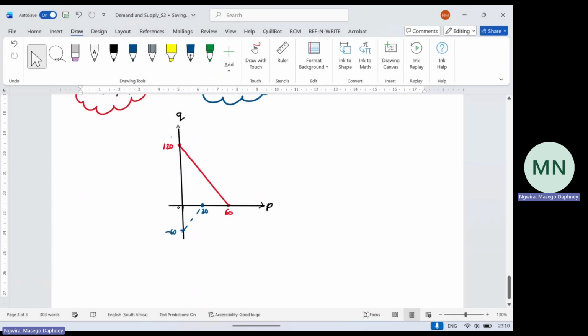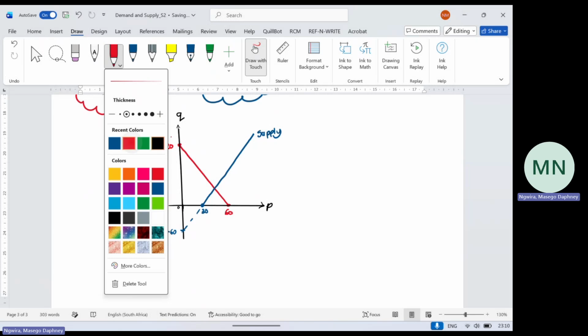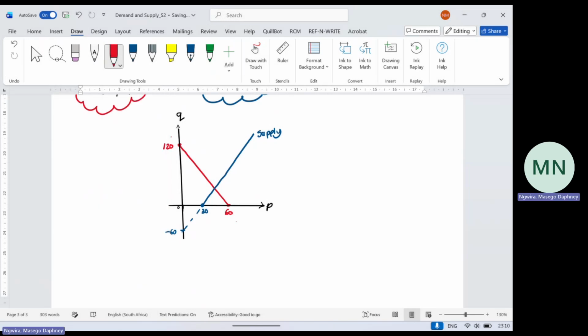We don't include this negative part. So this will be the graph of supply. It will look like this. So this is supply. And then this one, the red one, is demand.